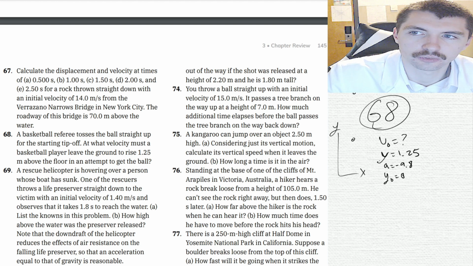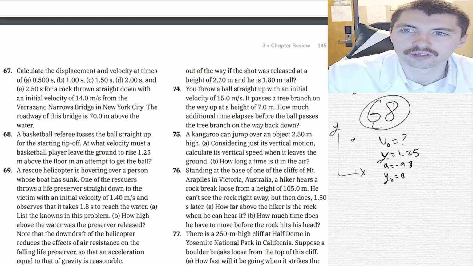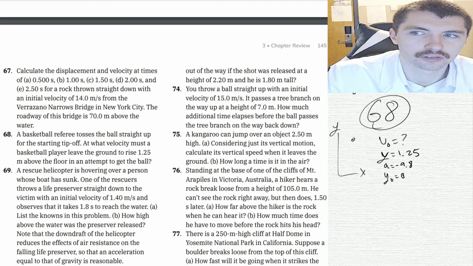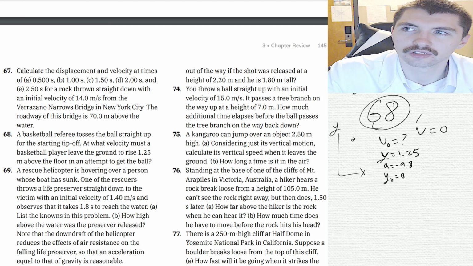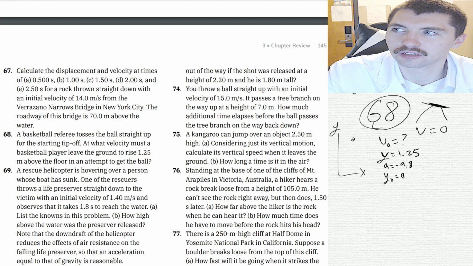So I guess we could say this is y. It starts at the ground, goes up. So we want to find v. Okay, I guess v naught is 0. Well, we need him to leave the ground at a certain velocity. When he gets here, his velocity is 0, because if you remember, if you throw an object up, at the peak the instantaneous velocity is 0.